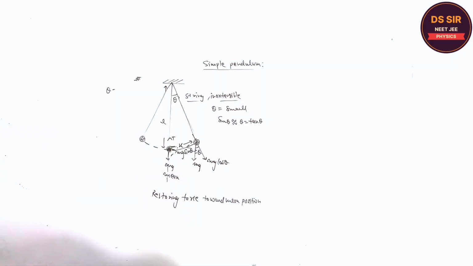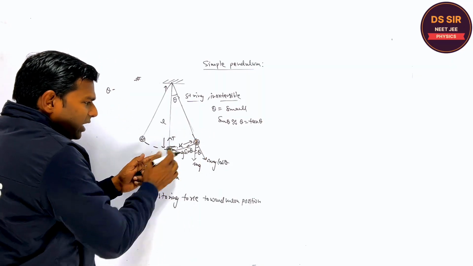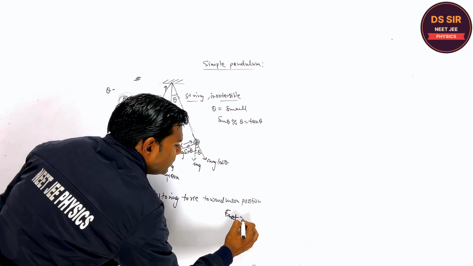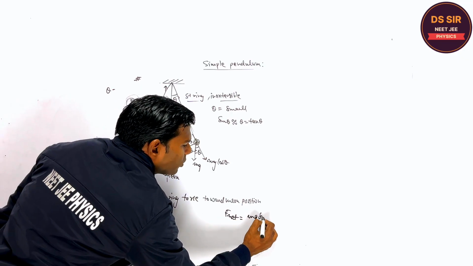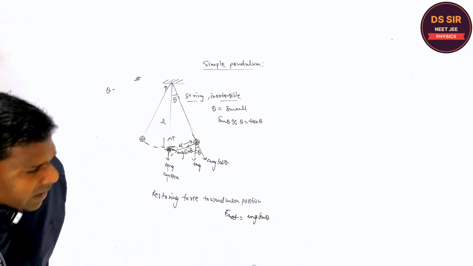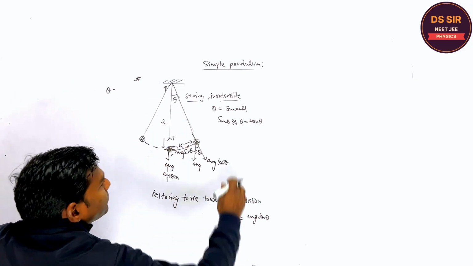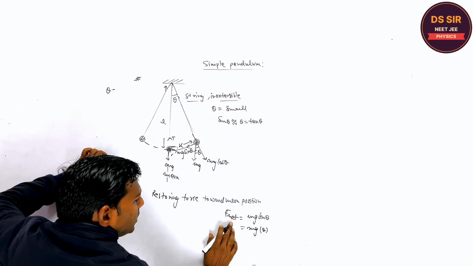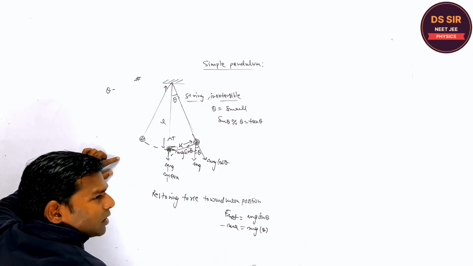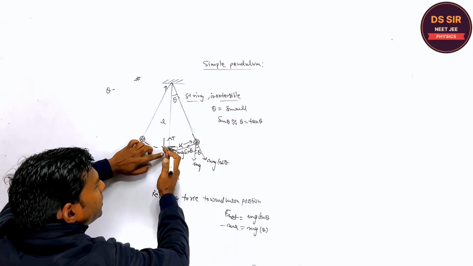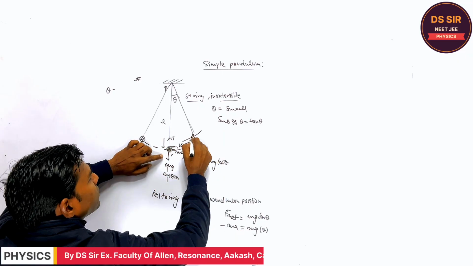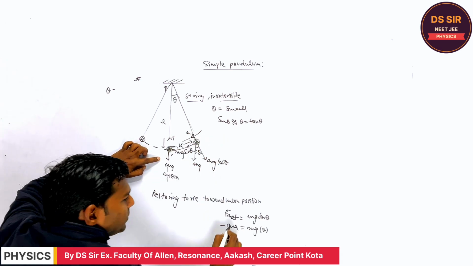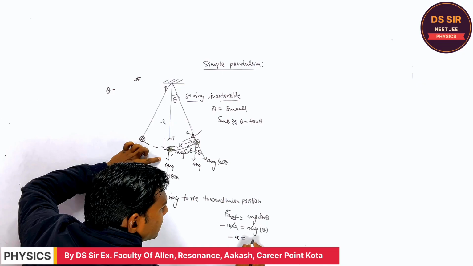The mean position is this, and the net force acting towards the mean position is mg sin theta. Are you getting or not? Right. Again, if theta is small, it may be written as mg theta equals minus m into a. Why? Because the displacement is in this direction, the net force is in the opposite direction, so its acceleration will be in that direction. The m will cancel out, minus a equals g theta.